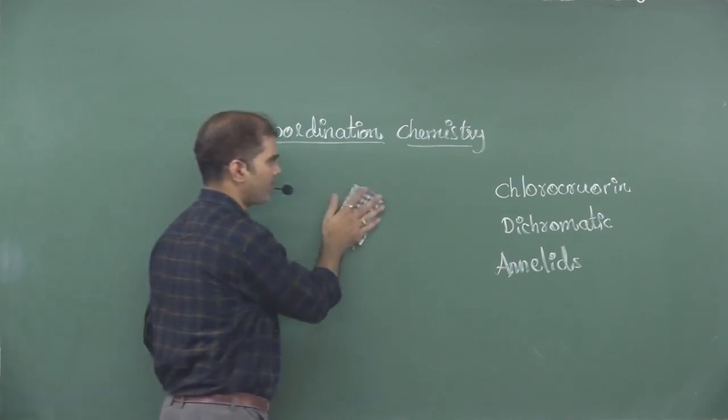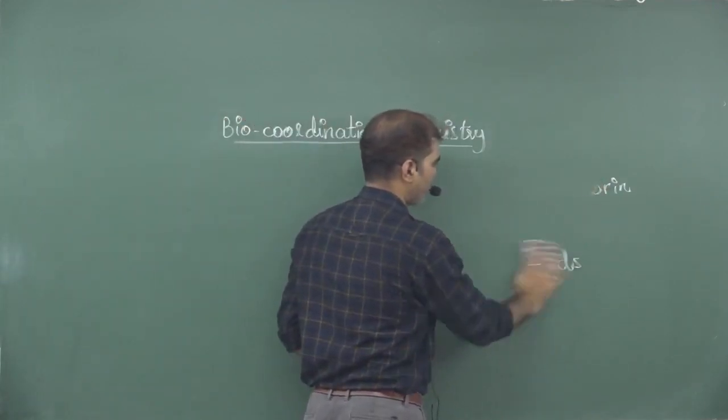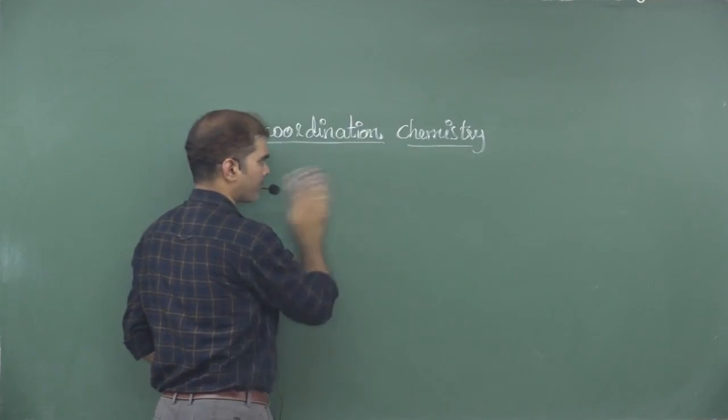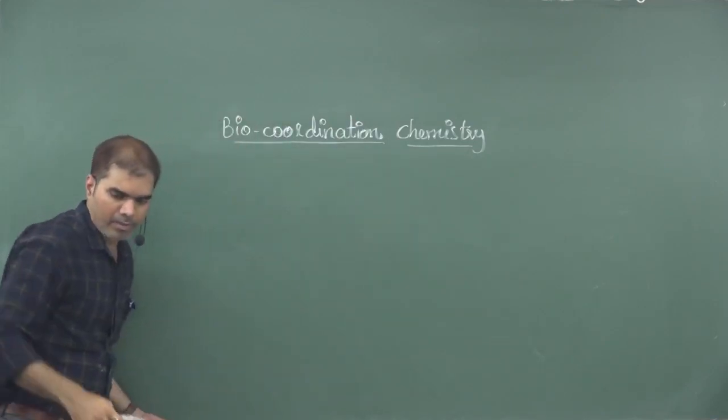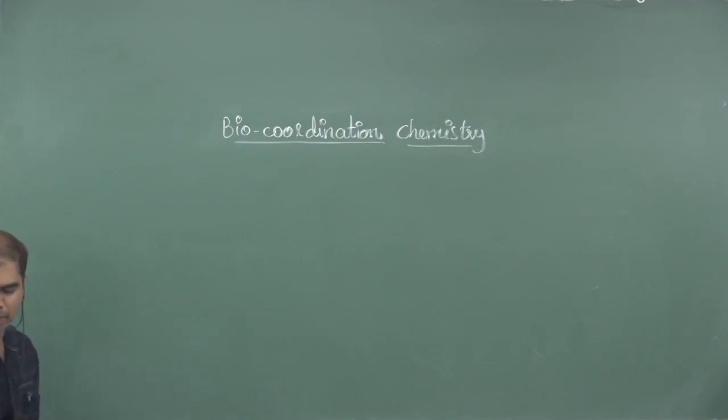Okay, so these are some points about porphyrin. Next point, you just write down. Porphyrin is found in oxygen binding protein. Example, hemoglobin.